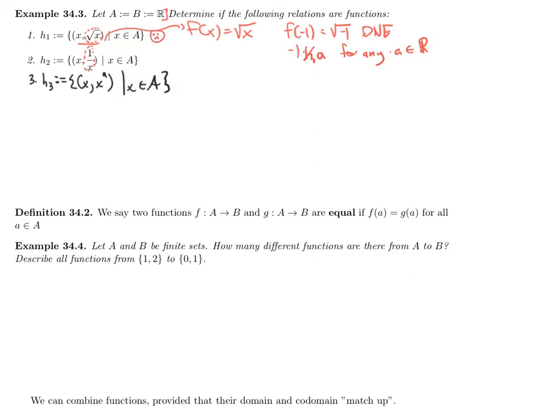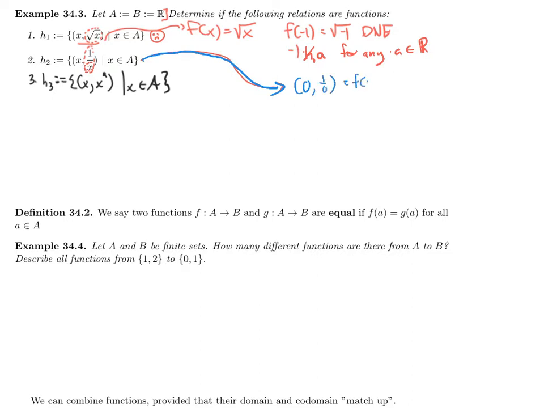Let's look at H2. Well, H2, you could think, well, you just take 1 over any number you like. But remember, 0 here can't go in the denominator. So here the function would be, maybe I'll change color to make it a little easier to see. So let's look at 0 and 1 over 0.